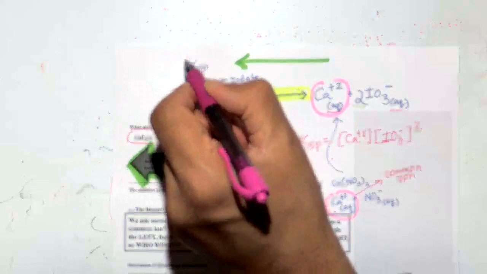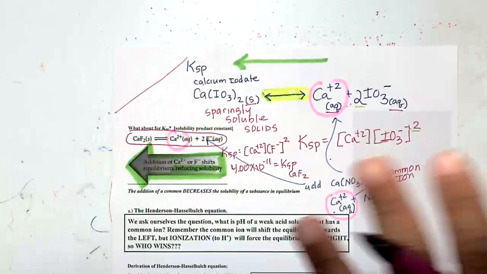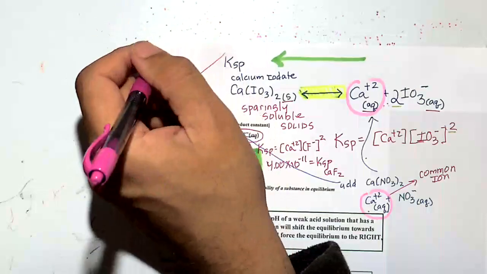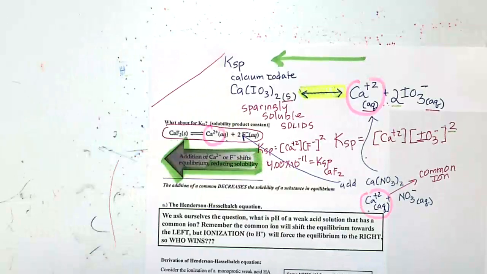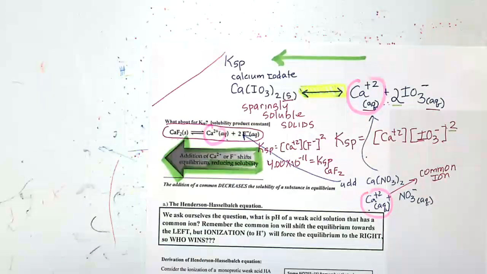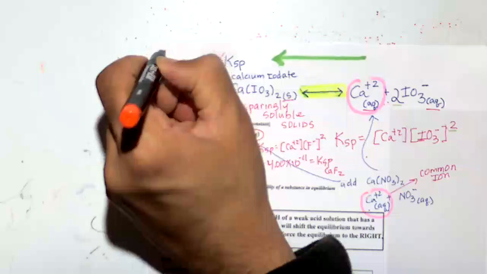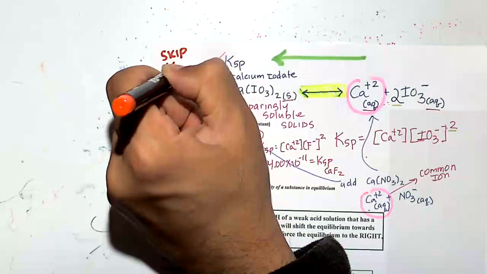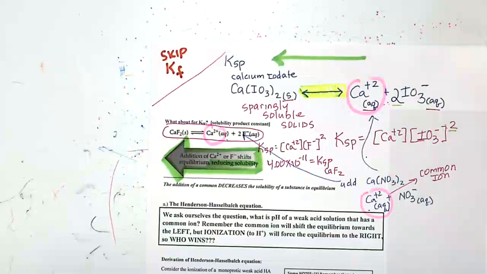All right, I'm going to take an aside here. I just remembered for your lab, the lab with all those practice problems that you can work together on, you can skip the Kf problems. There's something called complex ions. Complex ion formation, you can skip those Kf problems. I'm not going to go over that.